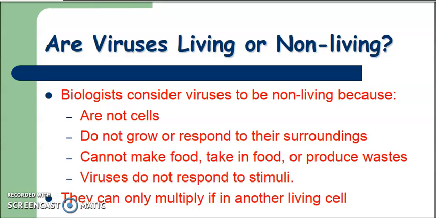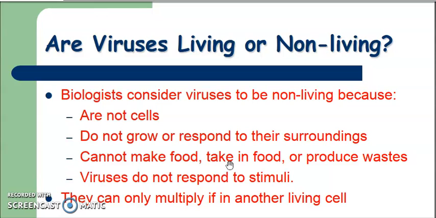Now, they don't grow or respond to their surroundings. Surroundings don't affect them. They cannot make food. They cannot take food in or produce waste. This is another characteristic of living things. We have already discussed in detail the characteristics of living and non-living things.